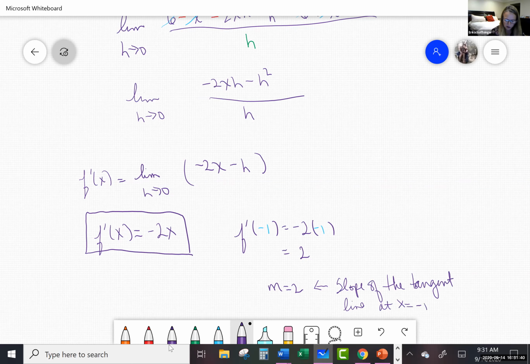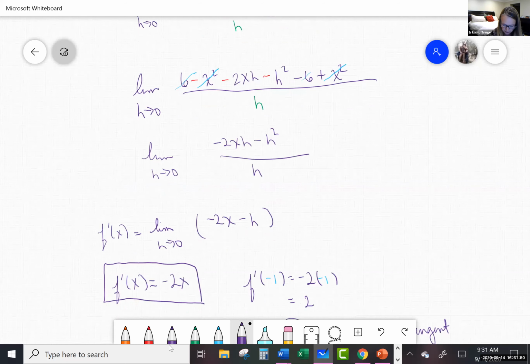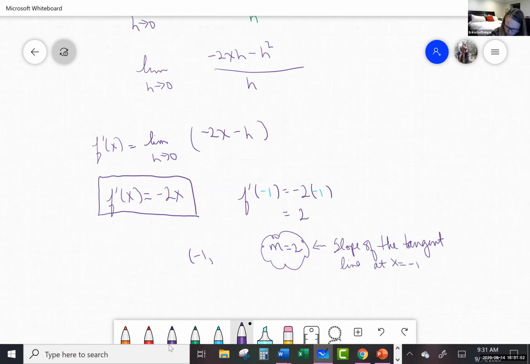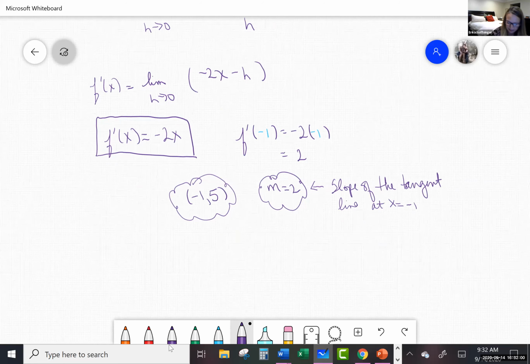So we got our slope, which is 2, and we had our point when x was -1. I believe our y value was 5. Yeah, it was. So if we plug this into y equals mx plus b, we find b, which would give us the equation of the tangent line.